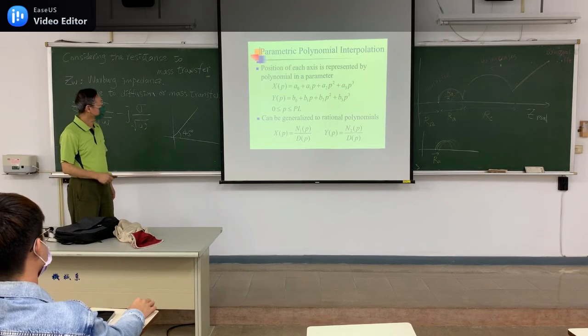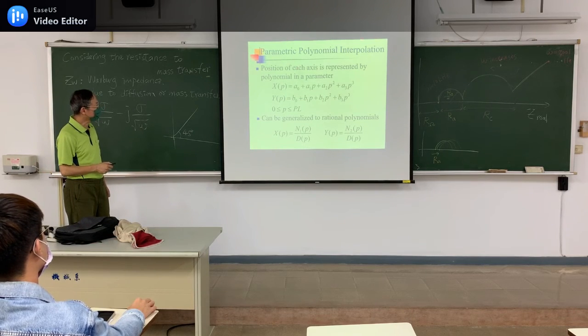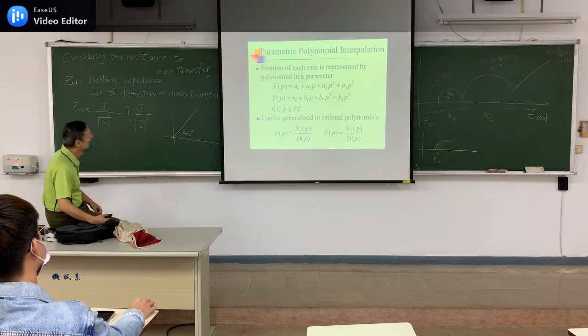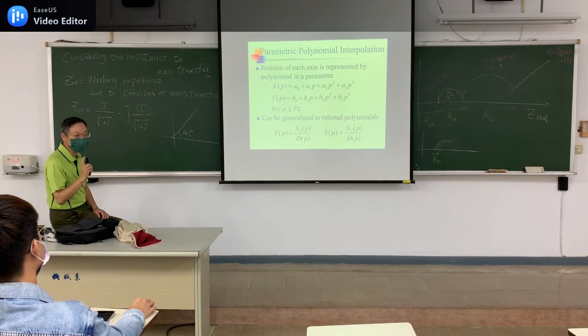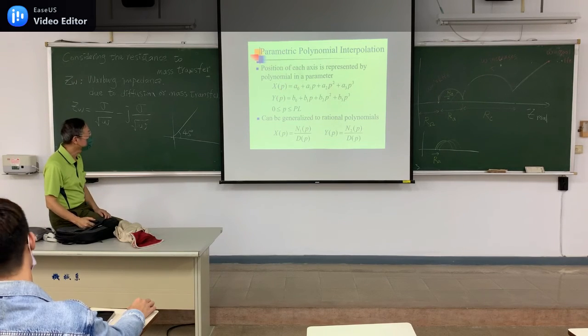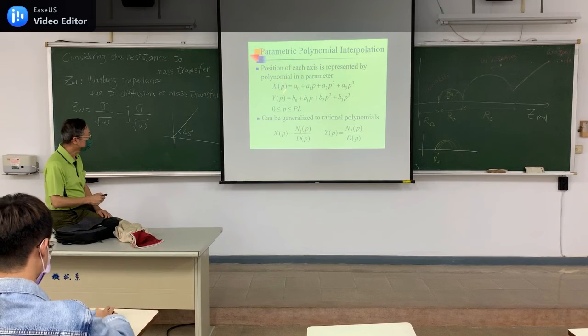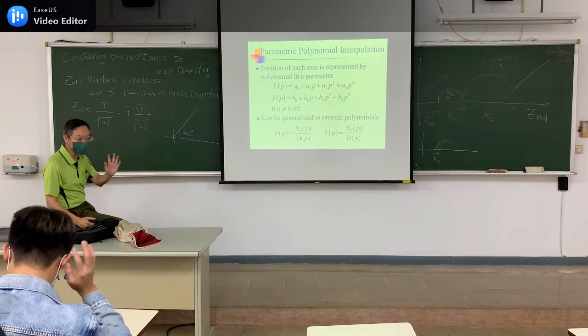Another way is what we call parametric polynomial interpolation. Parametric polynomial means that each coordinate of the curve is a function of a parameter. Here we call it p, small p, a parameter. And these functions of the parameter are all polynomials.